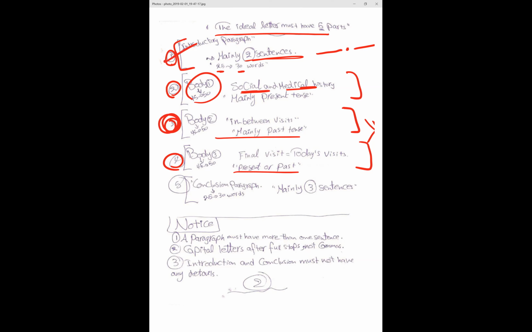This is the introduction, this is the first paragraph of the body, and the second paragraph of the body will be in between the visits. You may write initially: on date, she presented, she came.